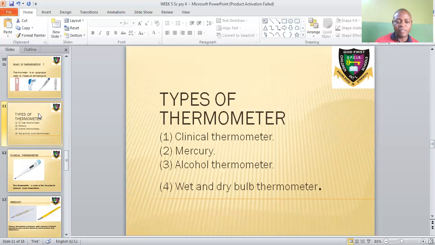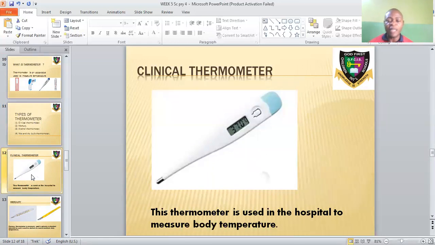I will take them one after the other to explain to you, now the uses of each. Now, clinical thermometer. If someone is sick and has been taken to the hospital, the doctor will need to take the temperature of that person to know how hot or how cold the person is.